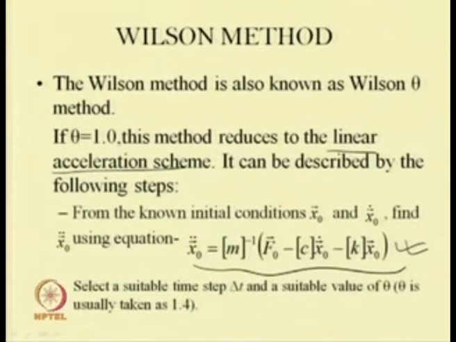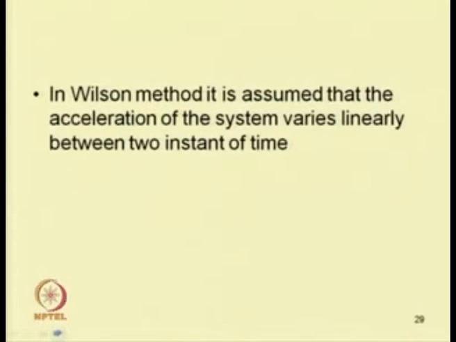So, we have to select a time step delta t and a suitable value of theta. Generally this value of theta is taken to be 1.4. Here we are assuming linear acceleration, that is, the acceleration of the system varies linearly between 2 instants of time.